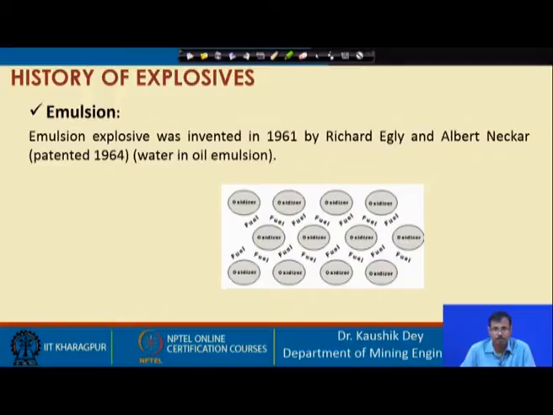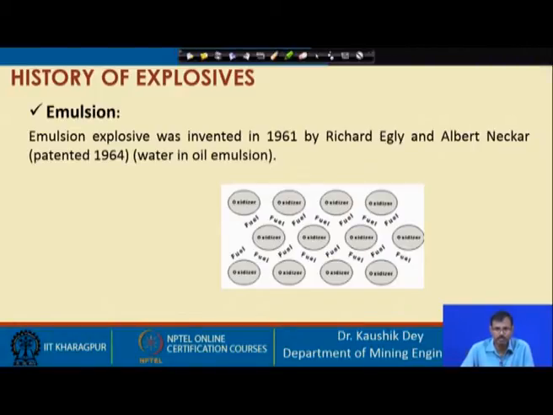But our present purposes of rock blasting are more or less satisfied with the invention of these ammonium nitrate based explosives. Now, you are able to understand 2 things from this. Initially, after gunpowder, we found that gunpowder is no more suitable for our purpose, because it is a weak explosive and it cannot fragment very strong rock.